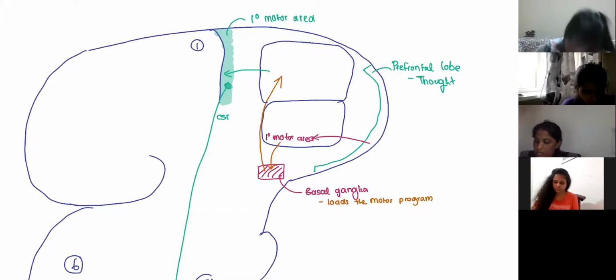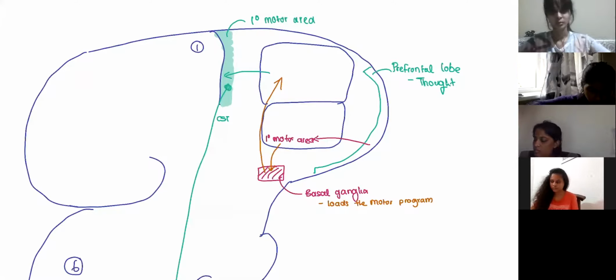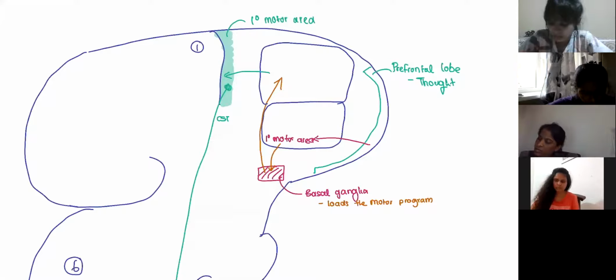Okay. Again, I'm going to repeat this. Now, our prefrontal lobe, the boss, says, pick up the phone. He tells it to his secretary, the primary motor area. The primary motor area tells the planner, basal ganglia, to load the motor program for that.